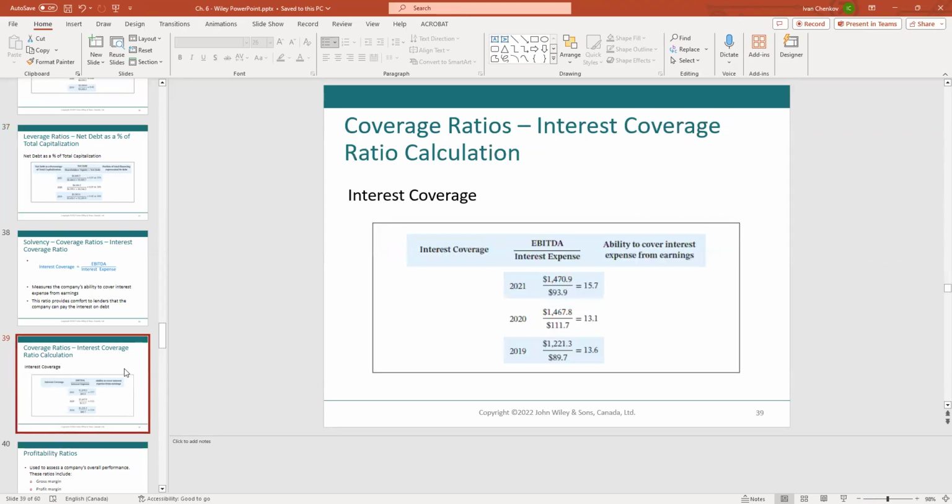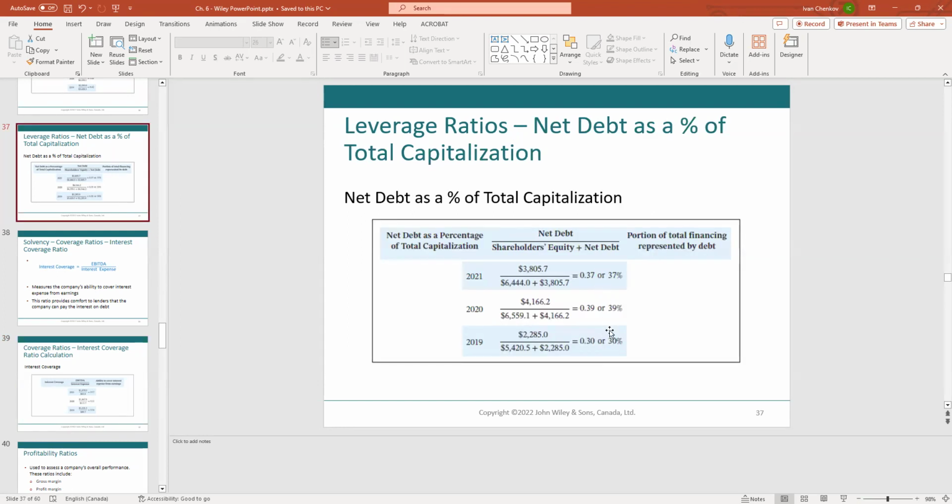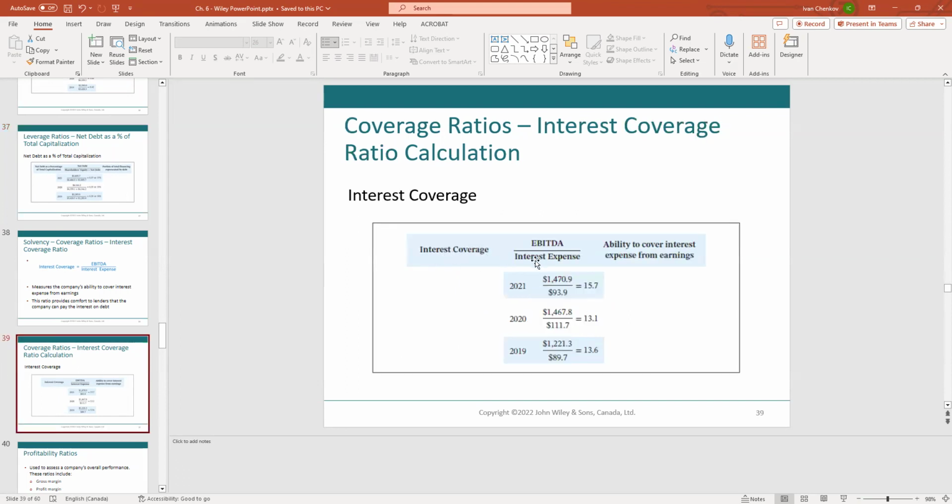How can we interpret this number? We can only interpret it this way: the increase of the debt doesn't affect the interest coverage. In fact, the interest coverage ratio gets better.